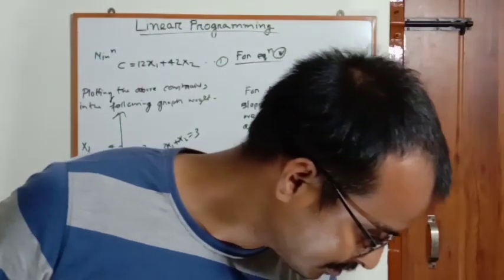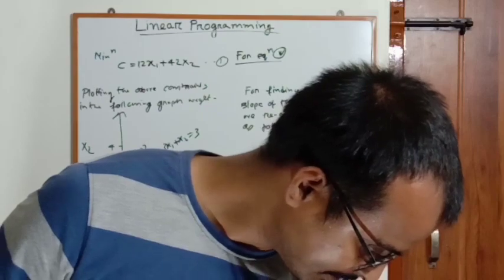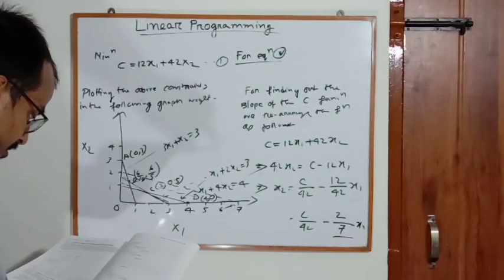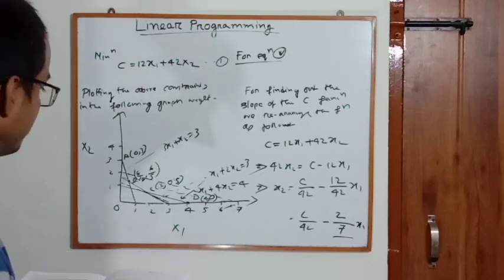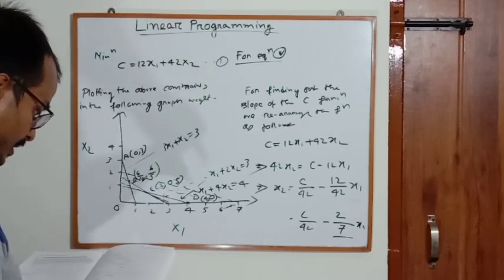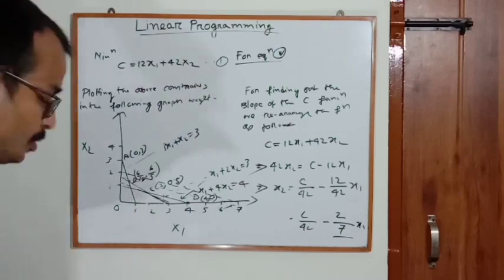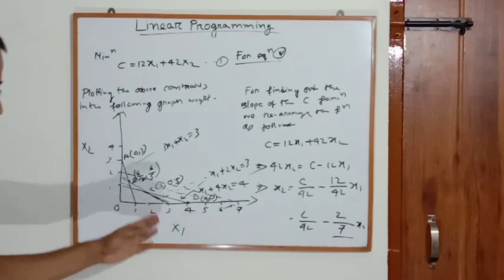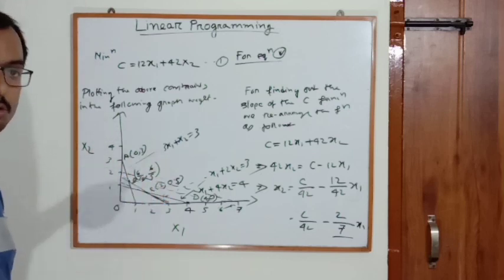Since my diagram is not good, I am not sure. But minus 2 by 7 is the slope. It was 2.5, and point C is 2.5, that is 2 x1 and 0.5 x2.